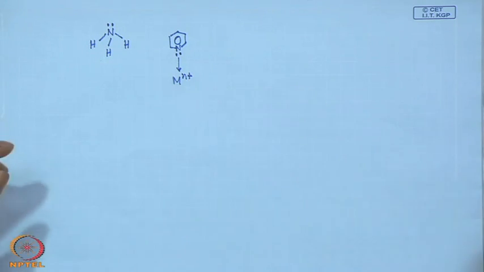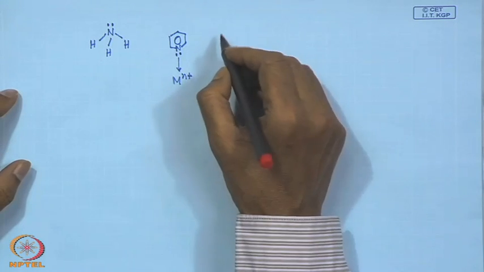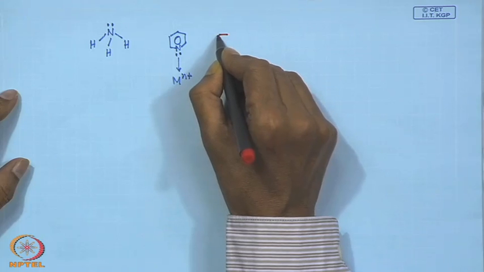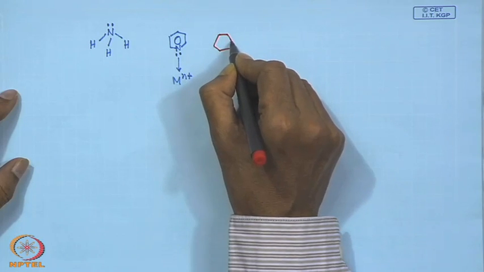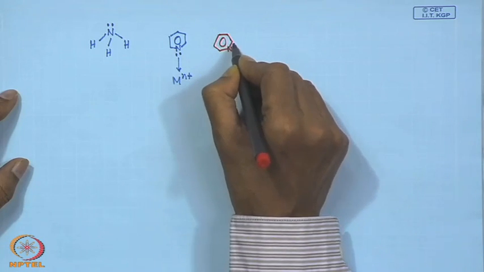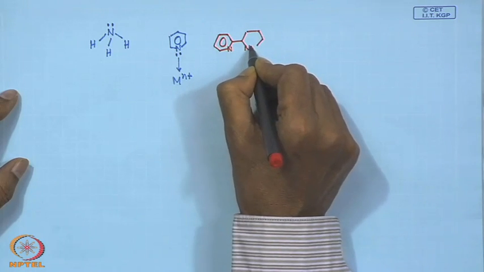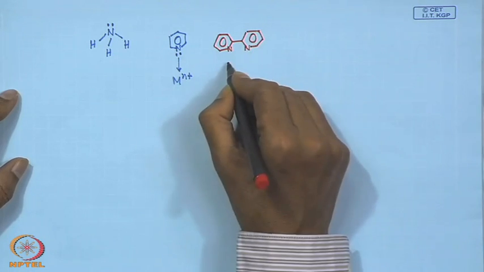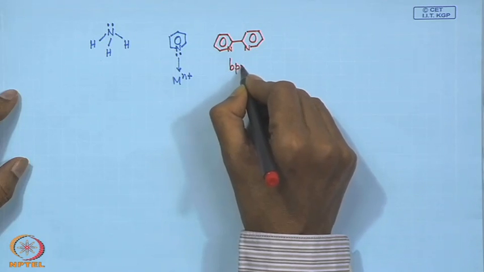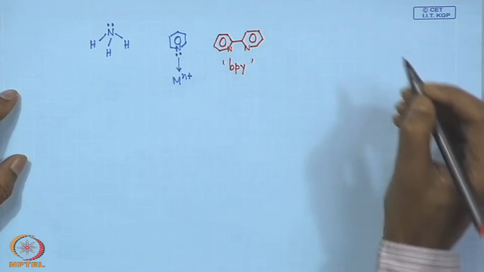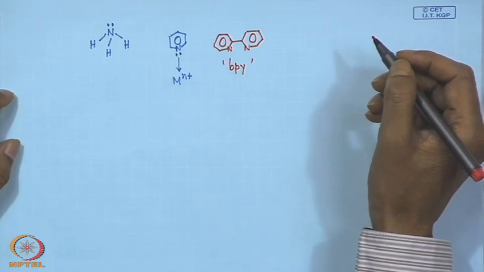If two of the pyridine donor atoms are present side by side, we get the bipyridine ligand, which is abbreviated as BPY.